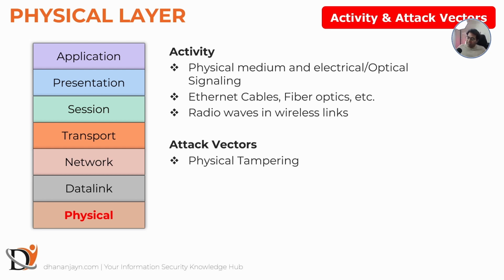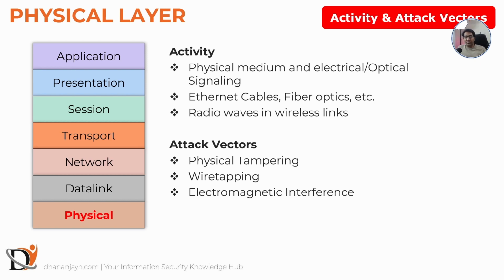So attack vectors again, physical tampering. Somebody may plug in a cable without your notice to your devices or network interface or the information outlet in the office. So that's where physical tampering may happen. Wiretapping is the same thing, where the cable is physically connected to the actual transmission and data is leaked out. Then electromagnetic interference.